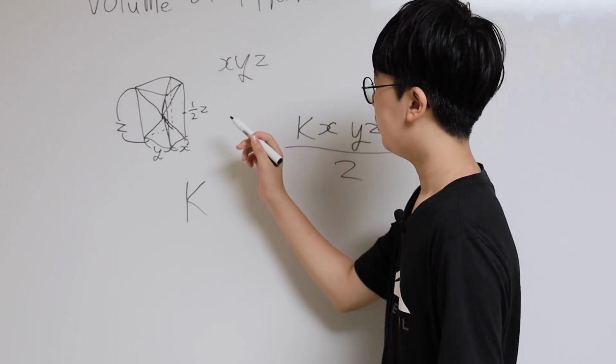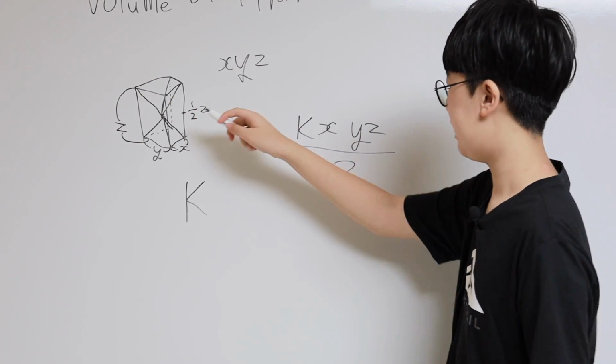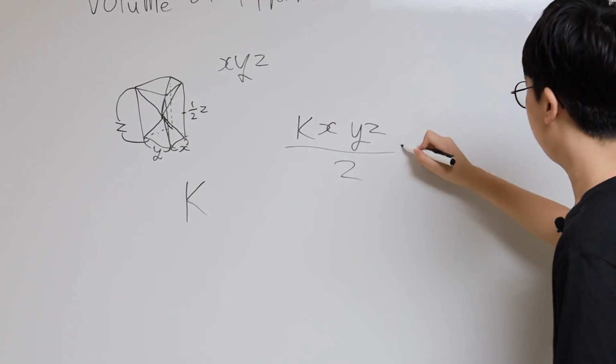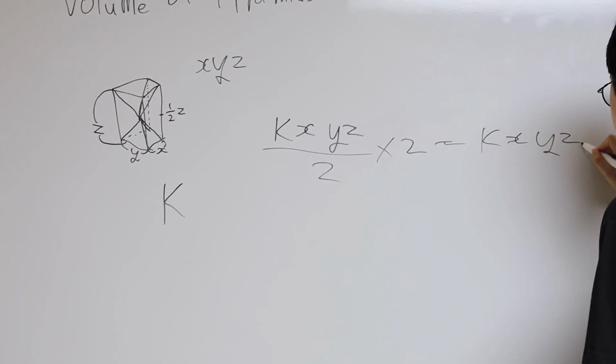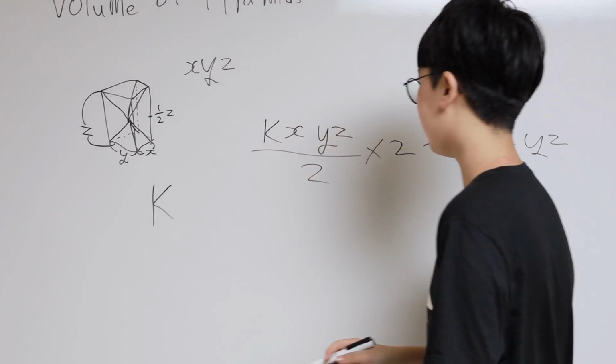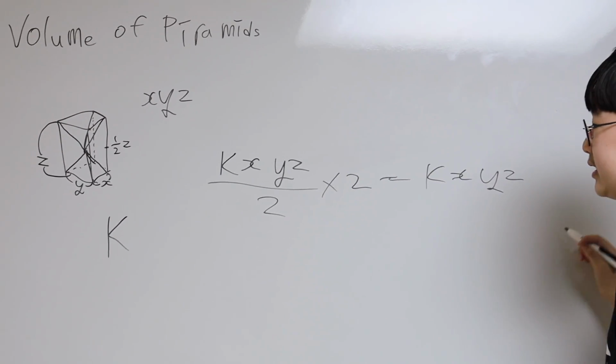But what we are going to do is count both of these, so multiplied by 2 equals K, X, Y, Z. So these both combined have a volume of K, X, Y, Z.